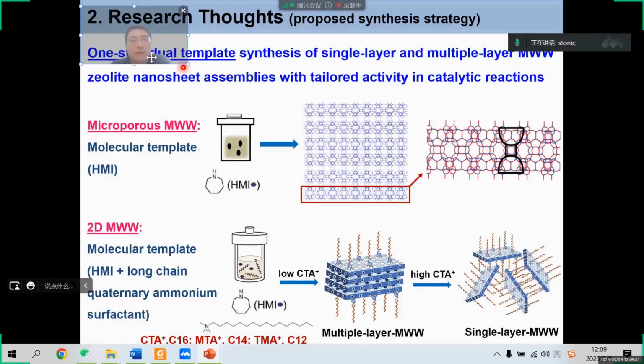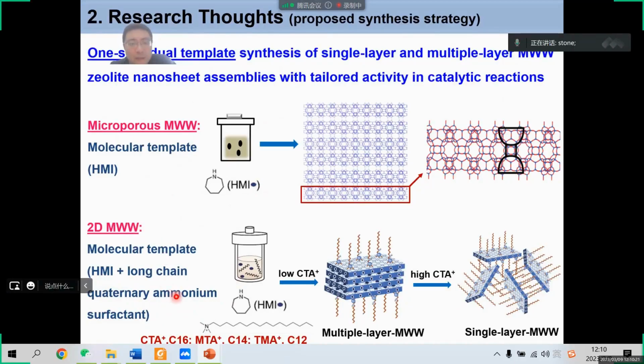So here, the dual template strategy has been employed to fabricate single layer and multiple layer MWW zeolite nanosheets, which is expected to improve active site accessibility in the catalytic reaction. So for a conventional three-dimensional MWW zeolite, HMI has been used as a structure directing agent, but for a two-dimensional MWW zeolite, HMI and a long-chain quaternary ammonium surfactant have been employed.